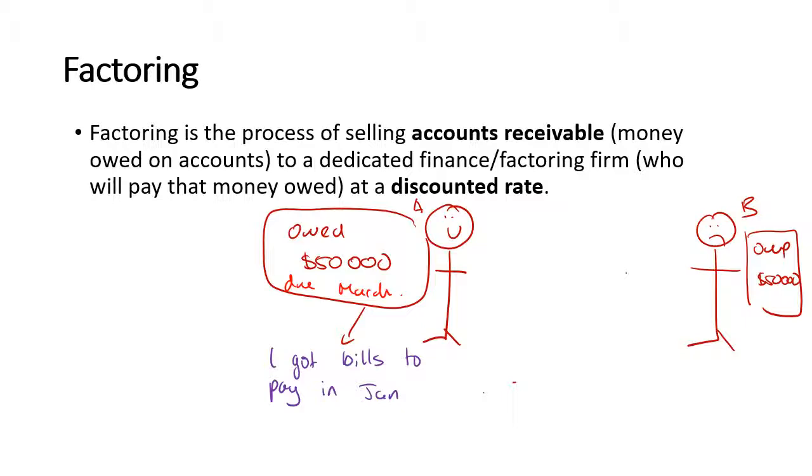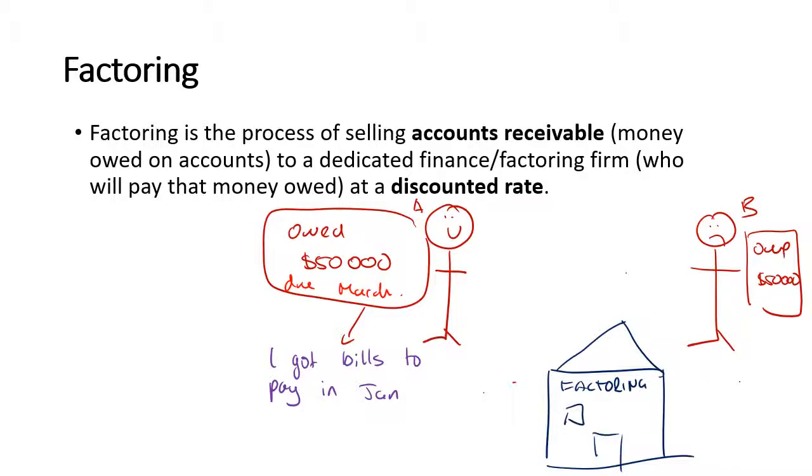We're going to have a shortfall of $50,000 in January and February. So this is where in comes a factoring business. This is a financial institution that deals with factoring. It's a dedicated finance company.